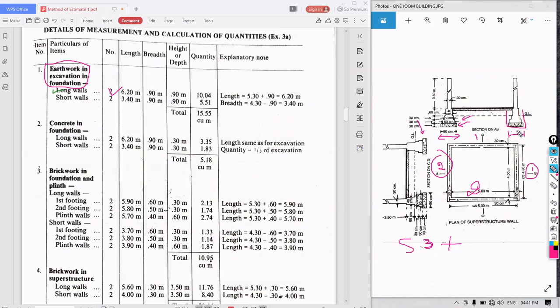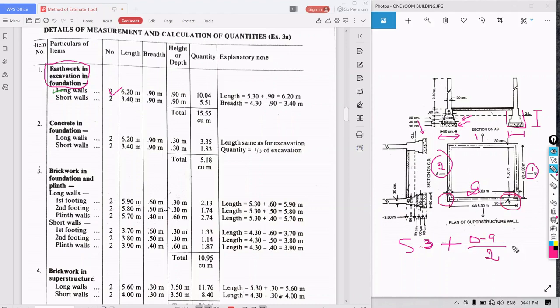We need this width and this height. The length is given in the plan, and in the section we can take out the height and the width of the cross section, right? So for the length of the long wall, 5.3 plus this 0.9 by 2, the width of the foundation. We have two widths here on the foundation, right?